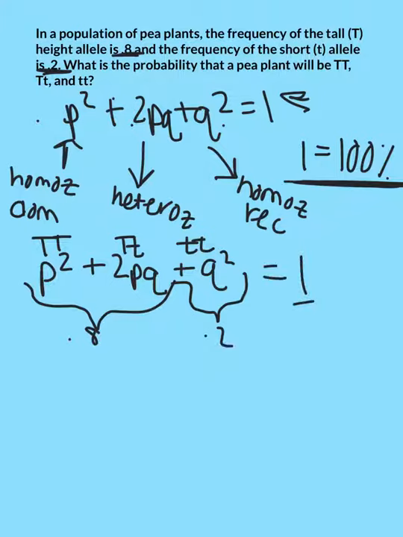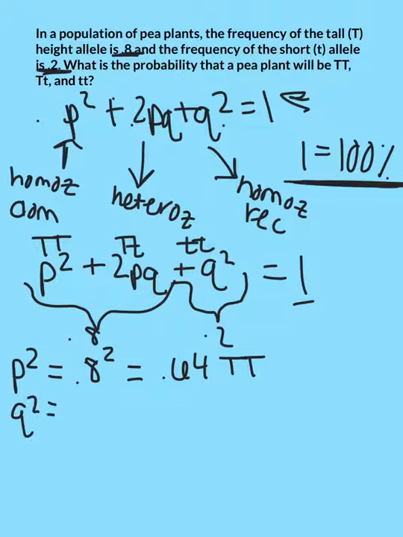So how you solve this is simply that you will have P squared, which equals 0.8 squared. And so 0.8 squared will equal 0.64, and that is how much of the population will be big T, big T. And then your Q squared will equal 0.2 squared as well. So that will equal 0.04 little t, little t.